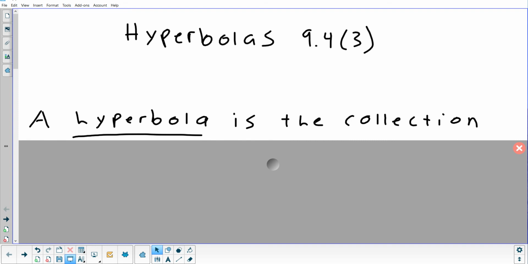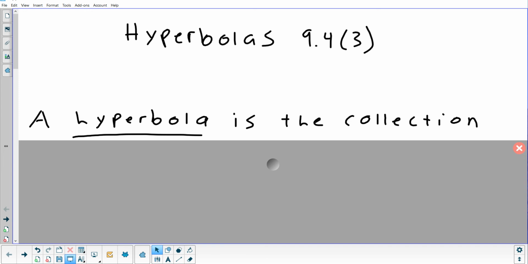So the first thing we'll start out with is the definition. Let's remember what the definition was from yesterday. For an ellipse, it was a collection of points such that if you measure the distance to two fixed points and add them up, it comes out to a constant.